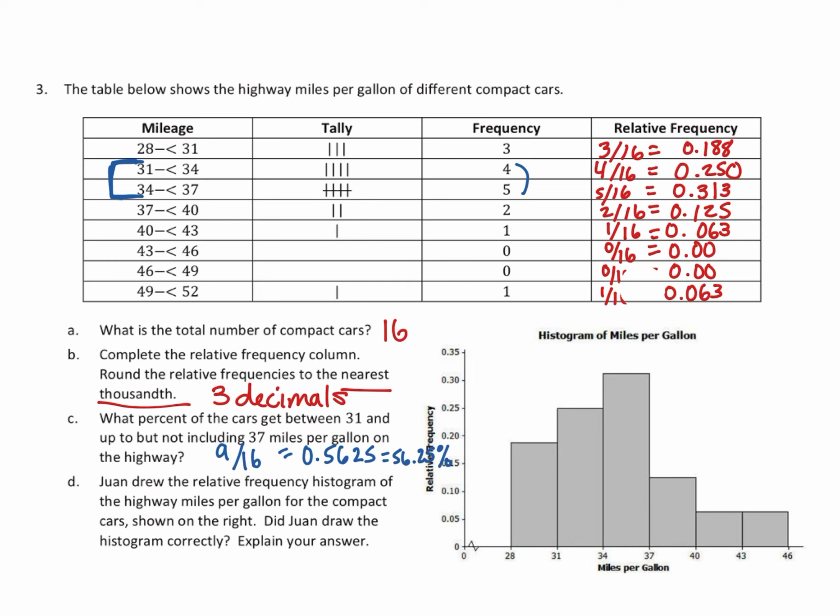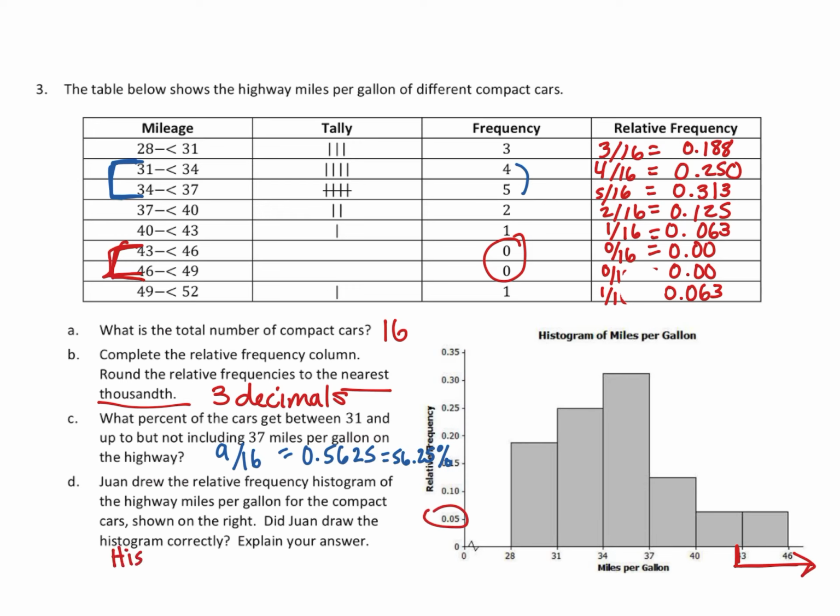Juan drew the relative frequency histogram of the highway miles per gallon for the compact cars shown on the right. Did he draw the histogram correctly? Well, if you look at 43 up to 49, he should have 0 there. And from 43 and up, he doesn't have 0. He has a value placed there.